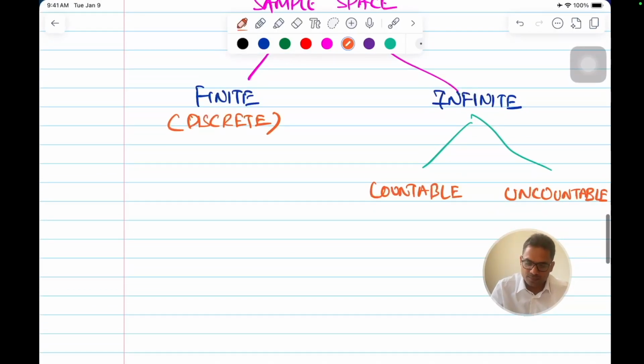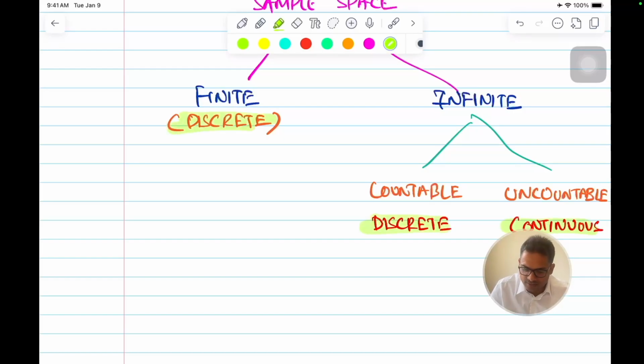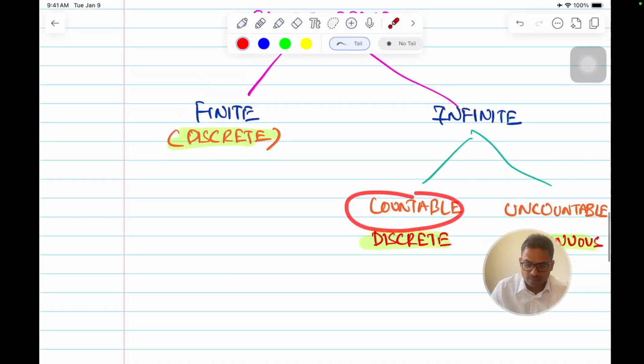If it's countable, then we say that it's discrete, and continuous is the only case where the possibilities are infinite and uncountable. Anything that is countable, even if it's infinite, is discrete.